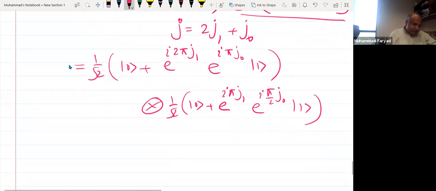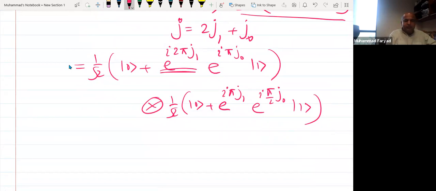So let's see what happens here. So this term is 1. Doesn't matter what value of j1 is, because when j1 is 0, this exponential 0 is 1. But even when this j1 is 1, exponential iota 2 pi is cos 2 pi plus iota sine 2 pi, and this cos 2 pi is 1, this sine 2 pi is 0.